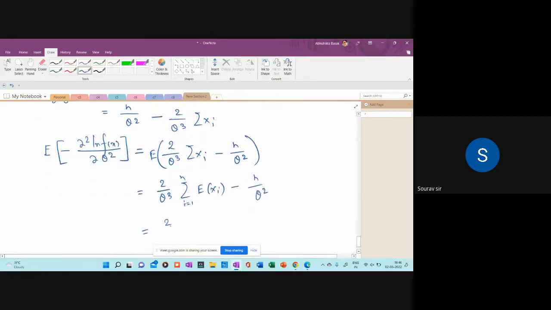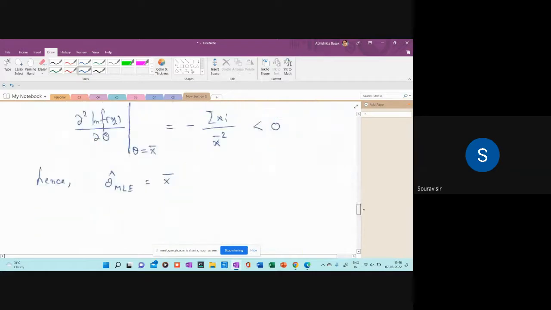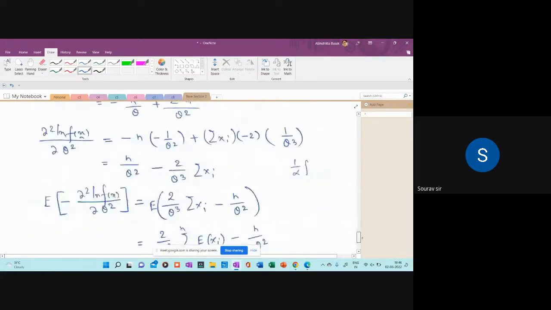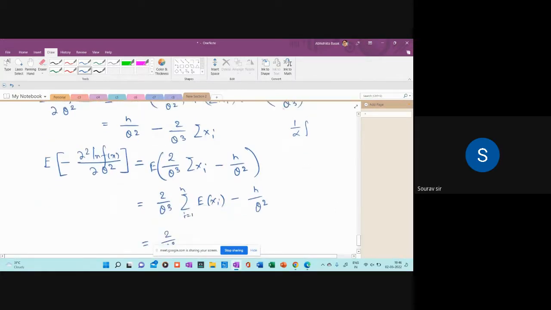So basically 2 by theta cube. What is going to be my expectation of xi? My function was 1 by theta into e to the power minus x by theta.